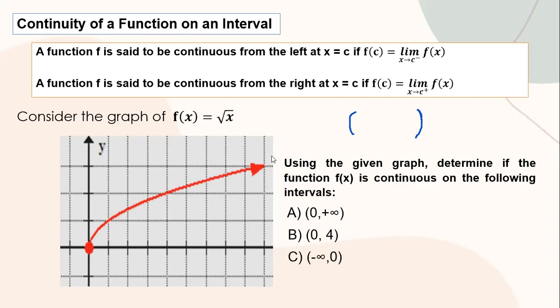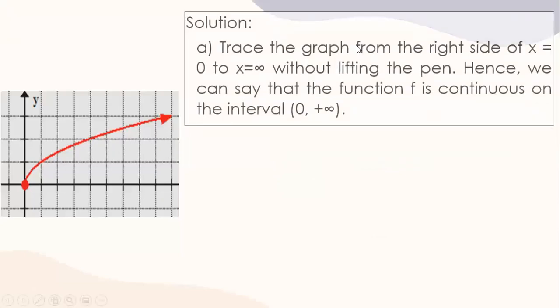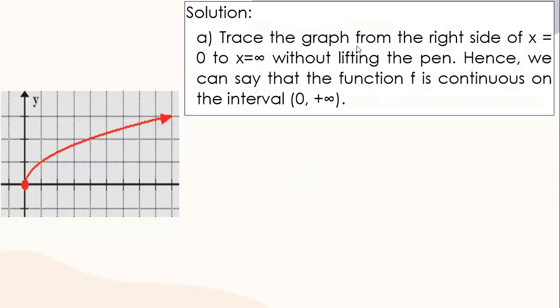So extended ang graph natin to positive infinity. So that's why for letter A, continuous yung ating graph. Okay, so for the solution, we will have to trace the graph from the right side of x is equal to 0 to x is equal to infinity. So we can trace it without lifting the pen. Hence, we can say that the function f is continuous on the interval 0 to positive infinity.